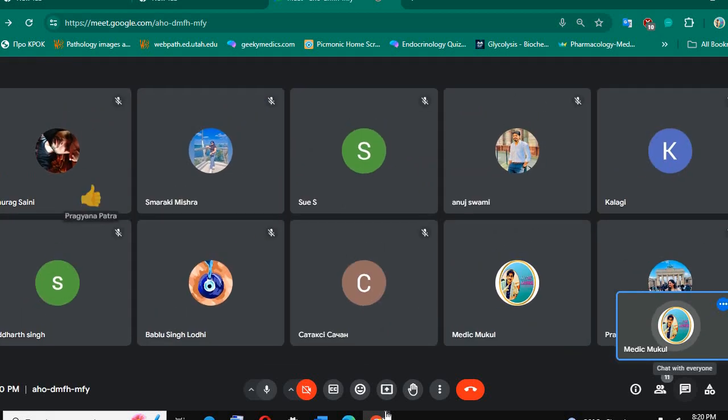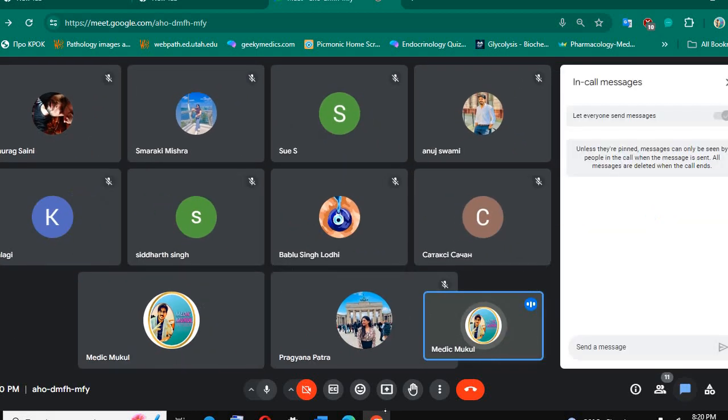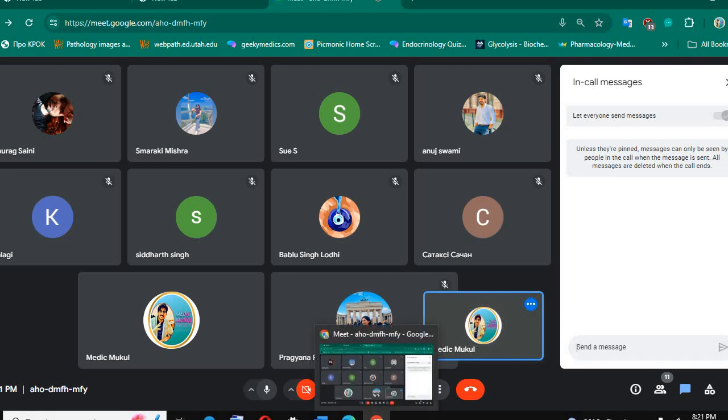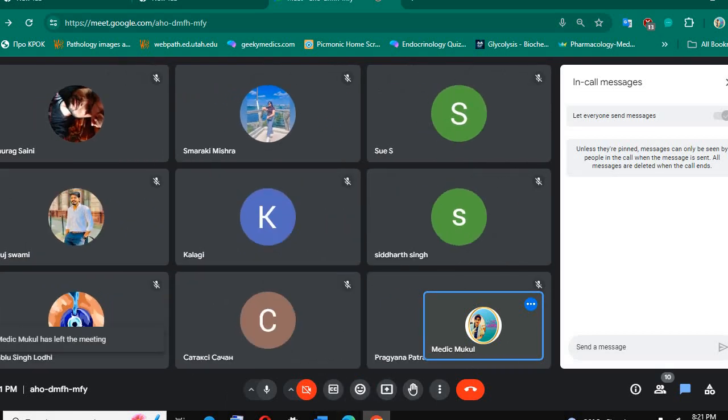Okay, I was asking, in galactosemia, which kind of cataract will we see? Hello.